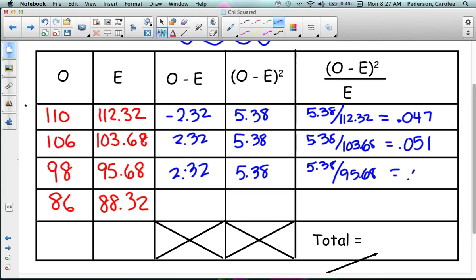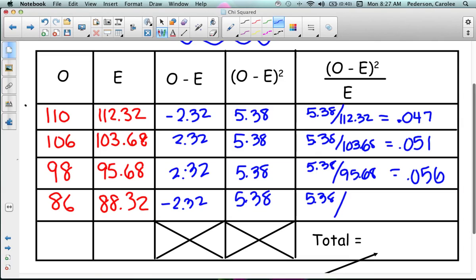And we get 0.056. Last one. 86 minus 88.32, negative 2.32, square it, 5.38. Just happens to be they're all the same number. This will not usually happen.